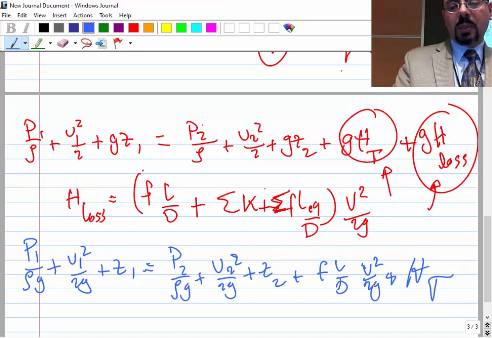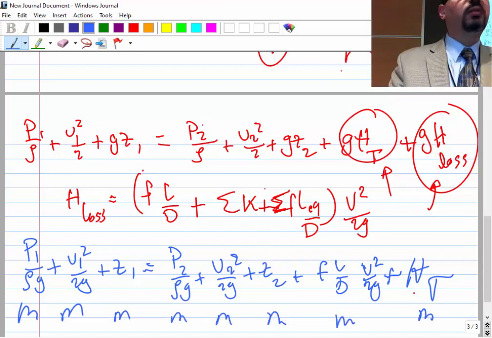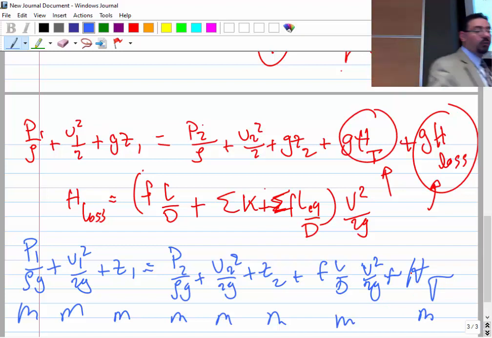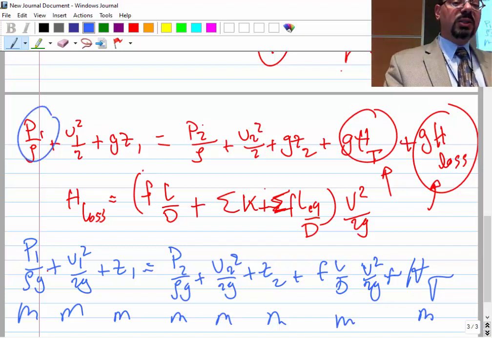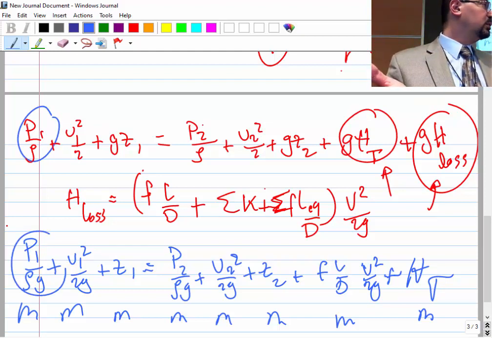So this is all units of meter, meter, meter, meter, meter. Everything is in meter. So we can write the Bernoulli equation in terms of joule per kilogram like this, or if you divide over g, it becomes just H, just head.